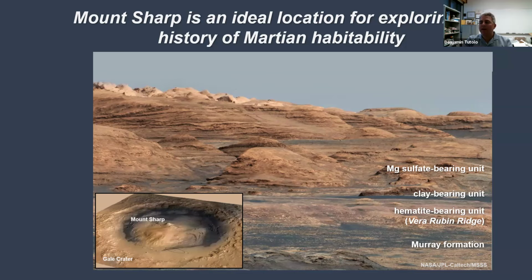And so you can see we started down here in the flattest, most safest part of the crater to land, and we've slowly been climbing up and eventually got to this clay-bearing unit, which was a long-term goal of the mission, but then more recently, the magnesium sulfate-bearing unit. And importantly, and this will become clearer as we go on, this transition between the clay-bearing unit and the magnesium sulfate-bearing unit is something that we have mapped around the planet on Mars and is thought to represent the terminal drying of Mars.